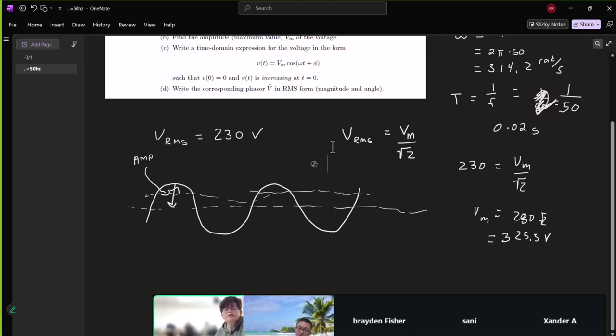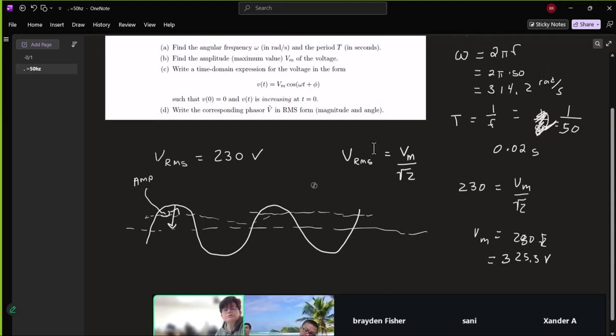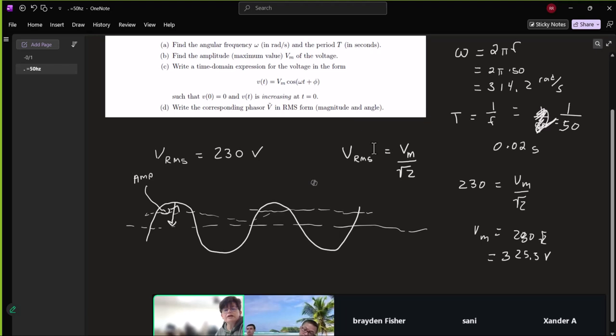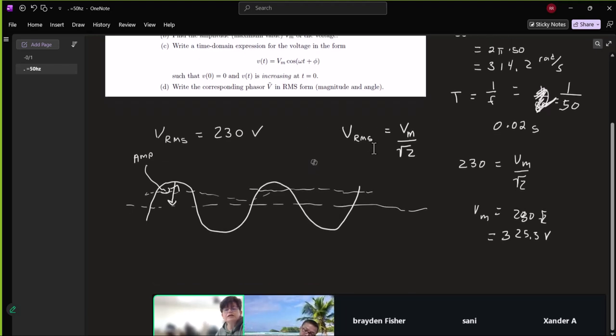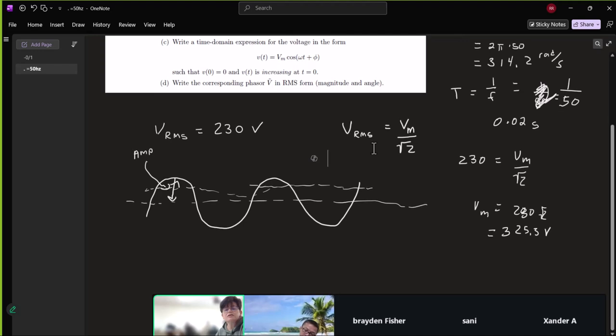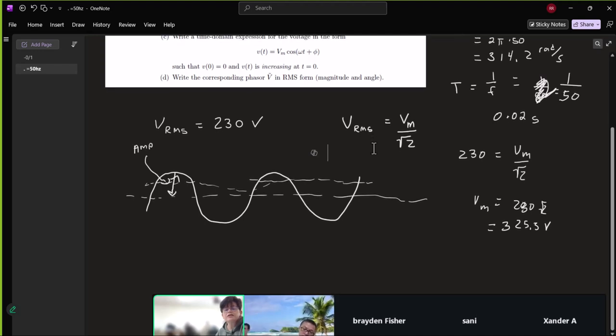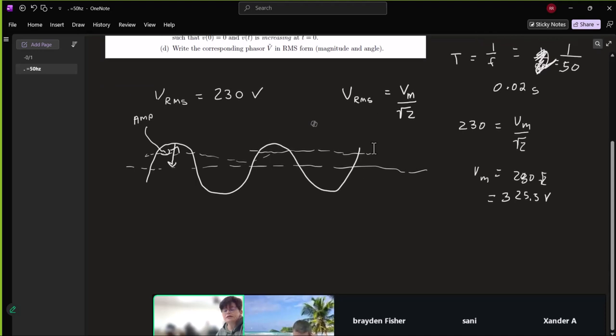Okay, so we want a time domain expression for the voltage in the form V of t equals Vmax cosine omega t plus phi, such that V of 0 equals 0 and V of t is increasing at t equals 0.